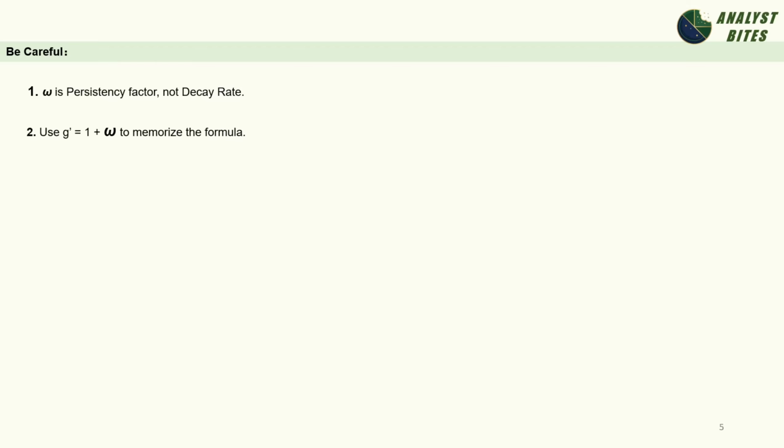So never see a G and try to work backwards to find omega. That's a huge mistake. There is only one rule. Only use our special formula when you explicitly see the words persistence factor in the question. That formula is TV equals RI divided by 1 minus omega plus RE.